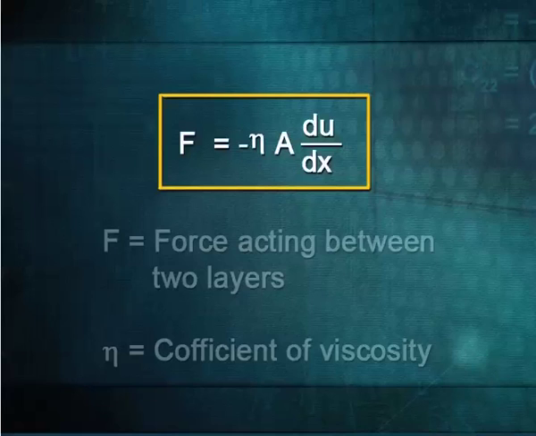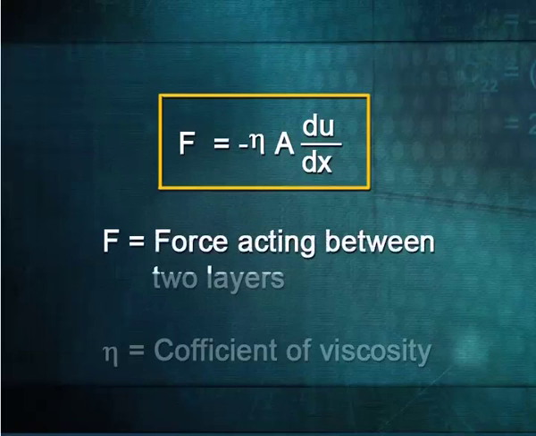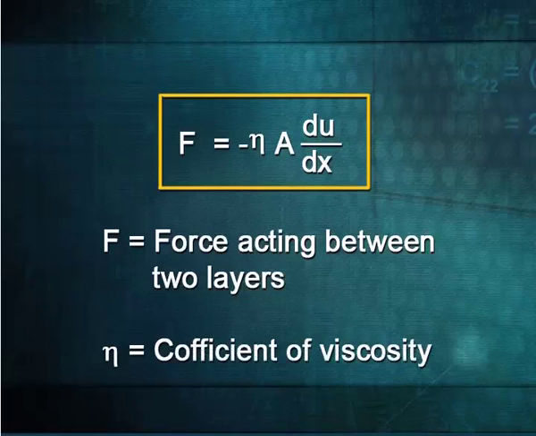This force of friction is equal to F = -eta A du/dx. So F is the force acting between two layers, eta is the coefficient of viscosity, and the negative sign indicates that the force is acting opposite to the direction of motion of the liquid.